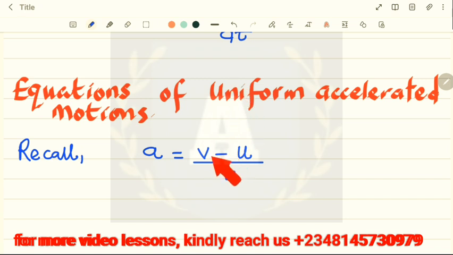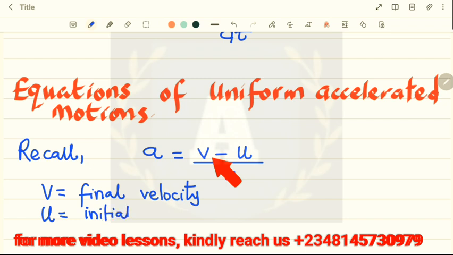The V here happens to be the final velocity, and the U happens to be the initial velocity. T is time, no doubt about that. Velocity is measured in meters per second, and time is in seconds.